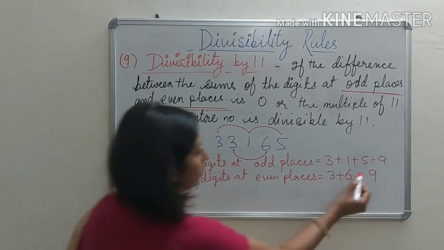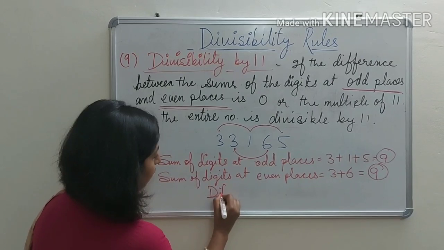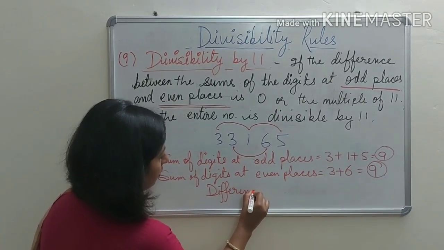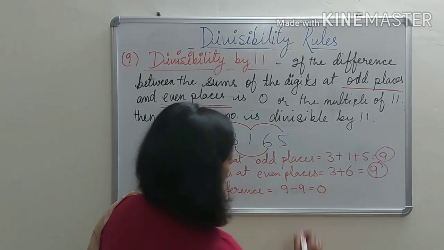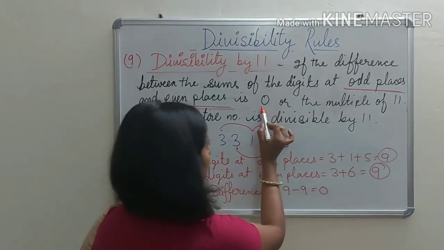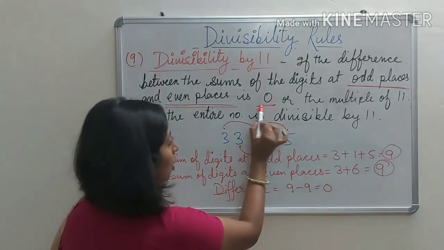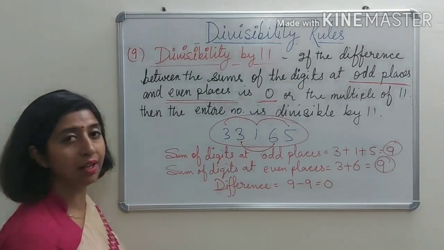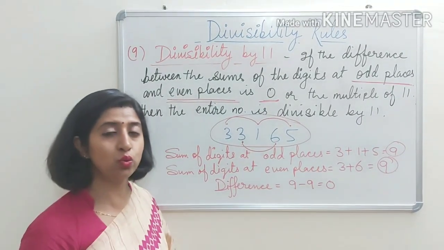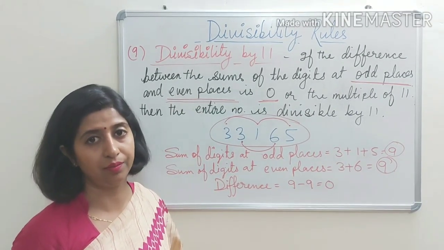Now we have to find out the difference of these two numbers. Then difference is equal to 9 minus 9, which is 0. According to the rule, if our result is 0, then this number is divisible by 11. In this way, we can check the divisibility by 11.